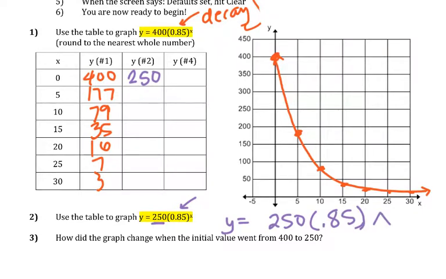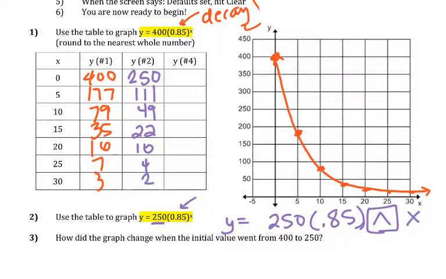So you're going to use that button that looks like a little arrow that goes up. It's just the caret key is what it's called. And then to the x power. And then you should be able to get the numbers. 250, of course, is the y-intercept, and then 111, 49, 22, 10, 4, and 2.